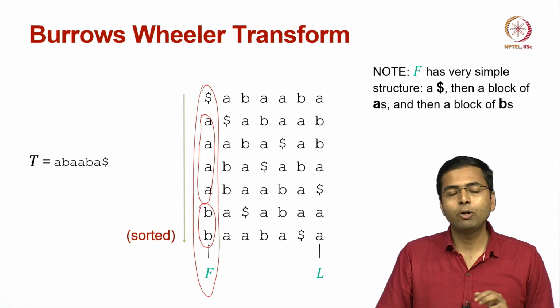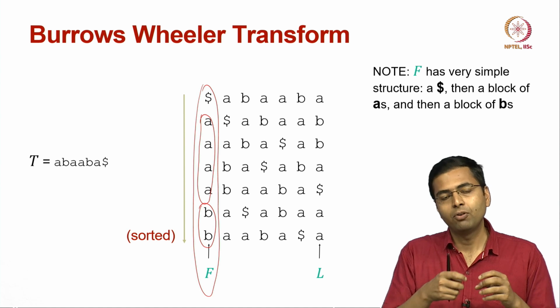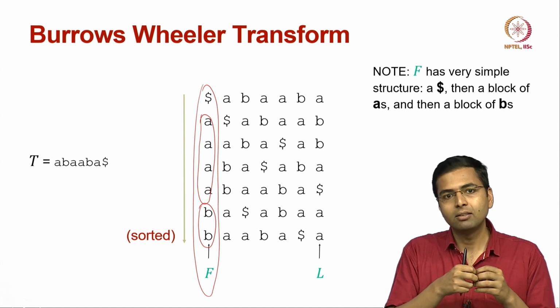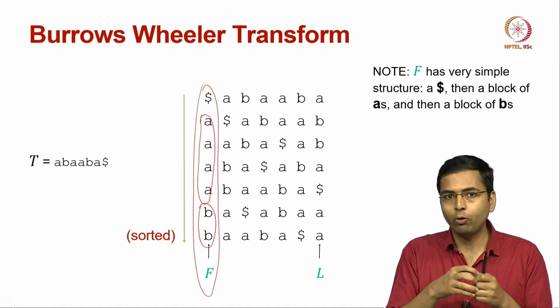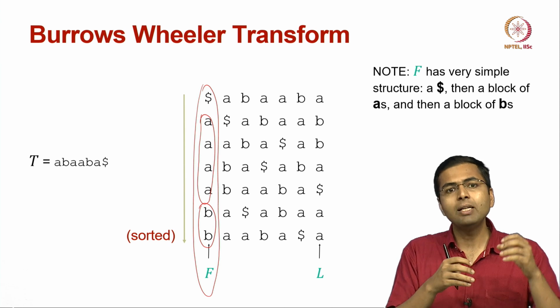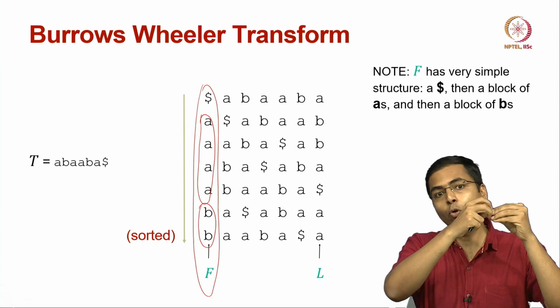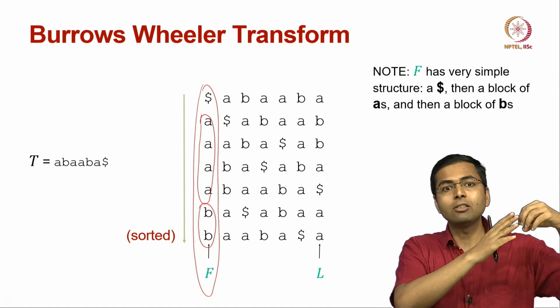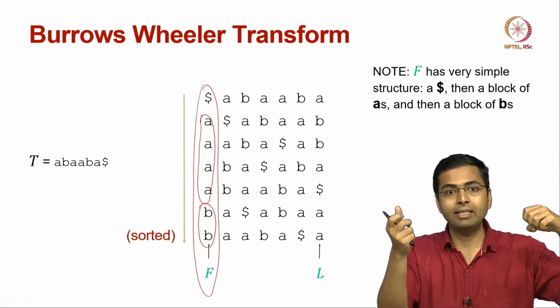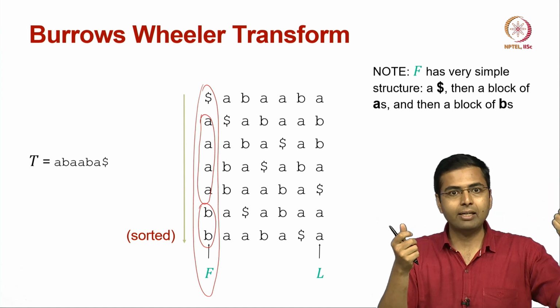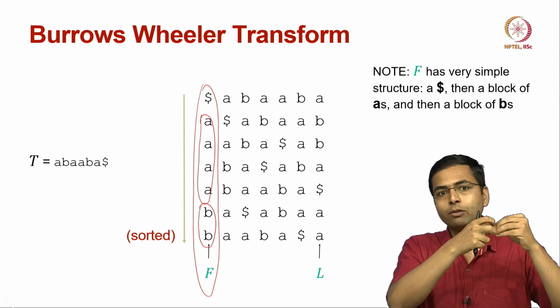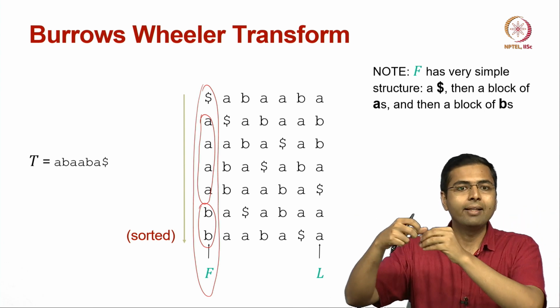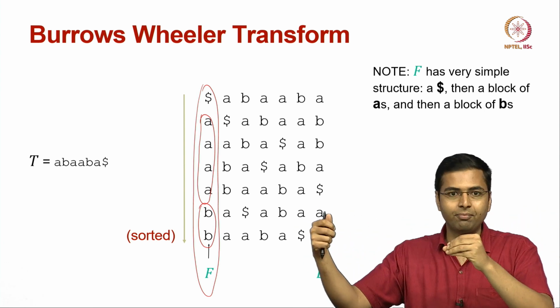which makes sense because if you think of sorting all the suffixes, or even sorting all the cyclic rotations, then if you look at just the first character, all you will see is consecutive runs of distinct characters in the alphabet. So, the first character will be dollar, then the next two characters will be A's, and the next two characters will be B's.